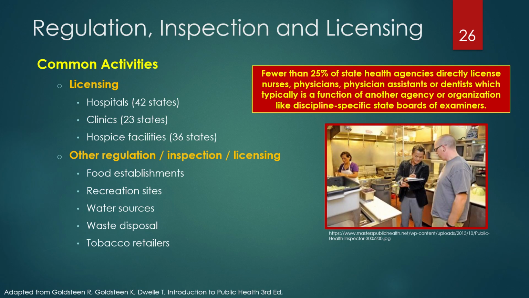Other activities include regulation, inspection, and licensing of entities that process and serve food, recreational sites such as beaches, campgrounds, and public swimming pools, water sources, waste disposal sites and entities, and tobacco retailers.